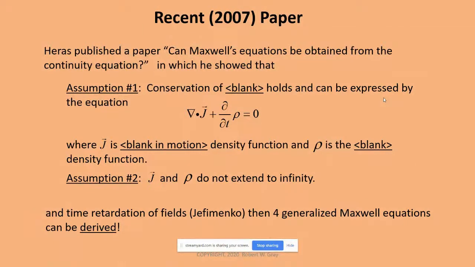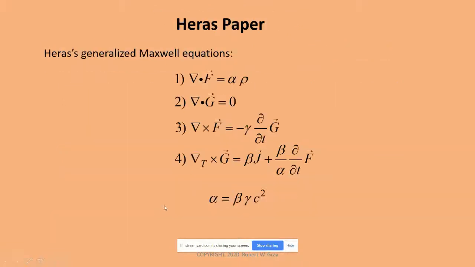If you have that kind of conservation of something and time retardation, as in Jefimenko, then you can get the 4 generalized Maxwell's equations. They're just derived. They come from the continuity equation and retardation of the fields.